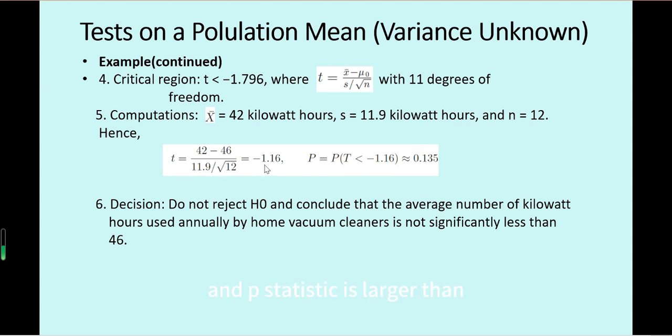And t-statistic is larger than the critical value. So we do not reject H0 here and conclude that the average number of kilowatt hours used annually by home vacuum cleaner is not significantly less than 46 from our sample.